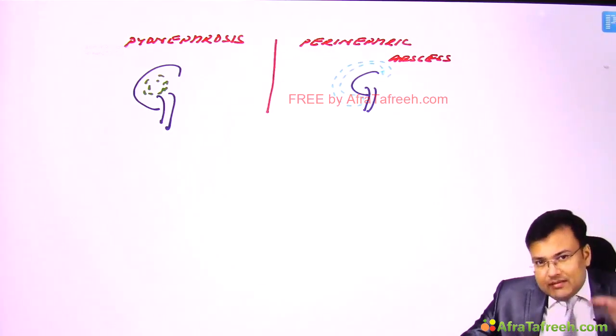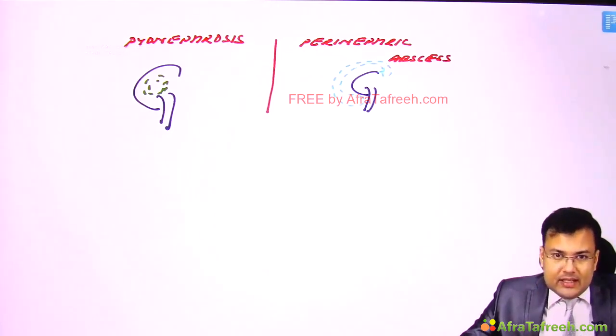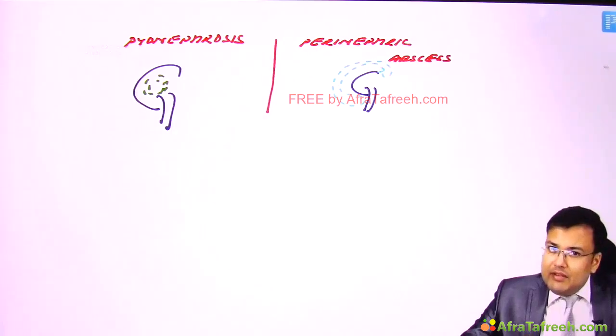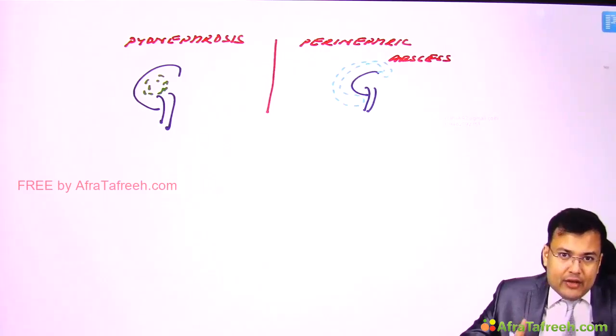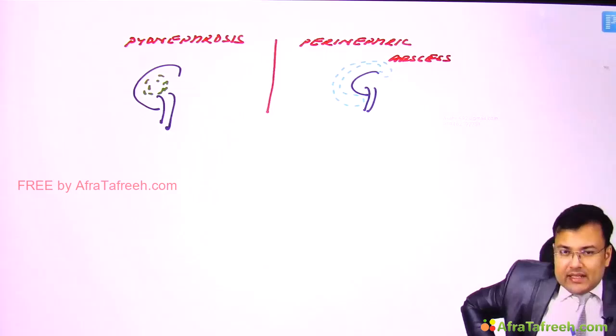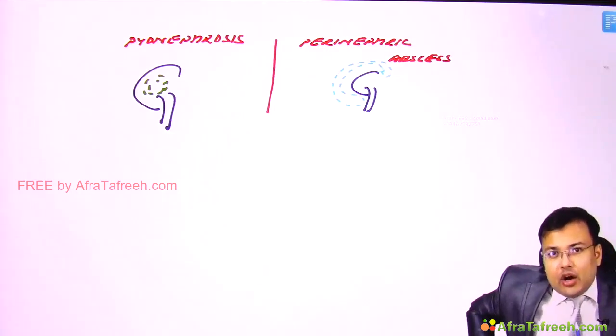So these patients have decreased erythropoietin also. Since pus collection is there, these patients will be having fever with chills and rigor. There is decreased erythropoietin because of destruction of renal parenchyma, so these patients will be having anemia. And because of hydronephrosis and pus collection inside the kidney, there is mass in the loin.